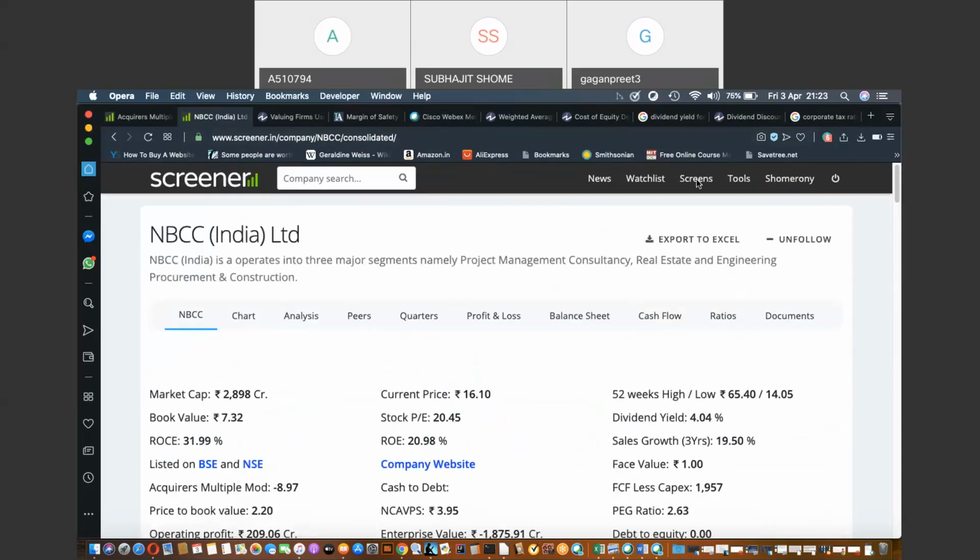Since you have just joined, we are calculating the intrinsic value for a live case study. As you can see on the screen, we have this company known as NBCC. We're trying to find its intrinsic value using the free cash flow method. First we calculated it by the dividend discount model, which came to 17.6 rupees per share.